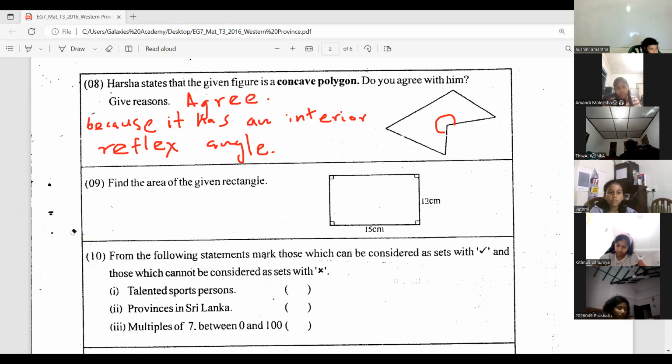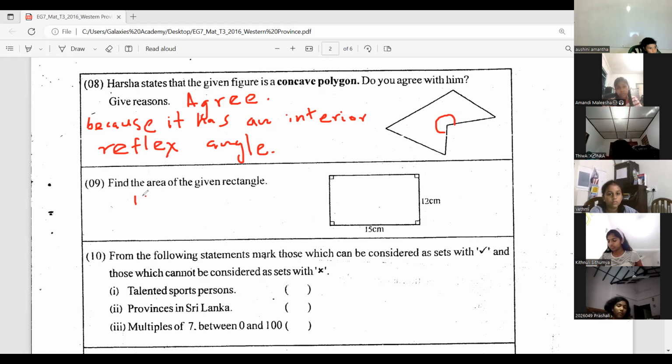Right, then I'm going to number 9. Find the area of the given rectangle. Right, Kitnuli, can you tell me how you can find the area of a rectangle? What's the method? Yes, length multiplied by breadth. This one length is 15 centimeters, breadth is 12 centimeters.